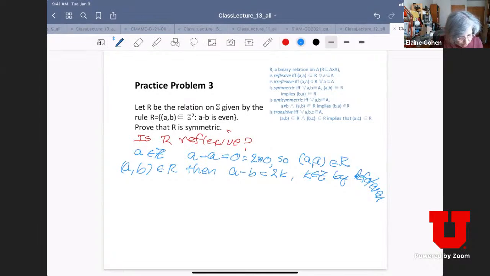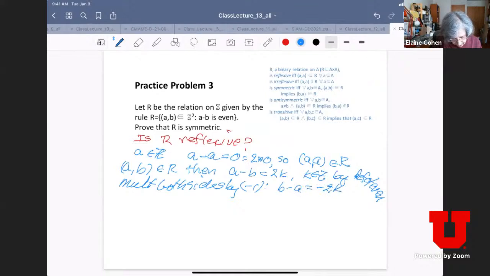Okay, then multiply both sides by -1. And that leads to B minus A is equal to minus 2K, which is equal to 2 times minus K, which is equal to 2 times P, where P equals minus K in Z. So (B, A) is in the relation.